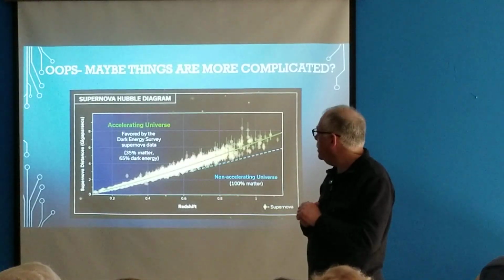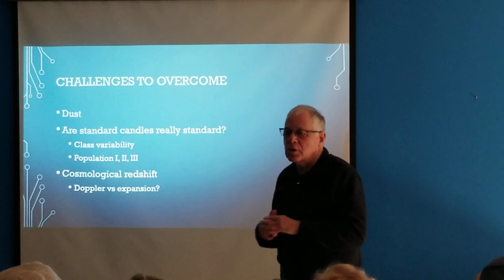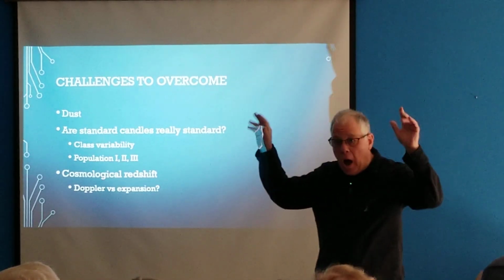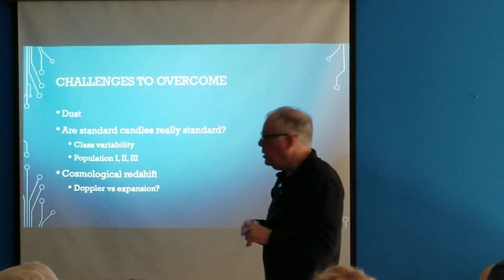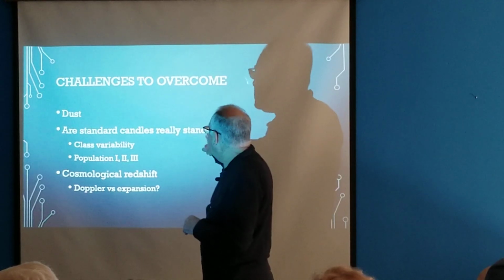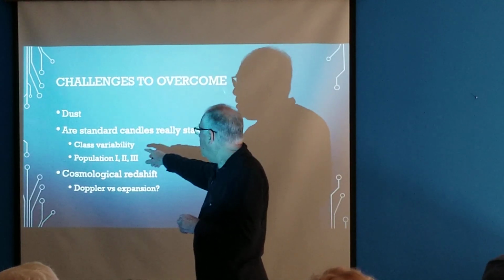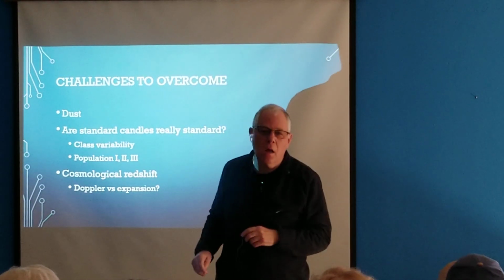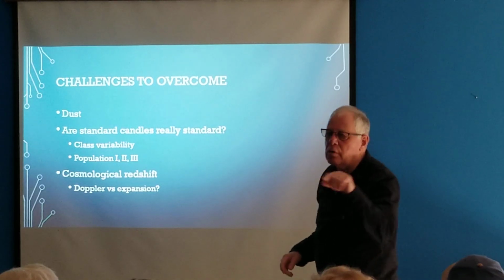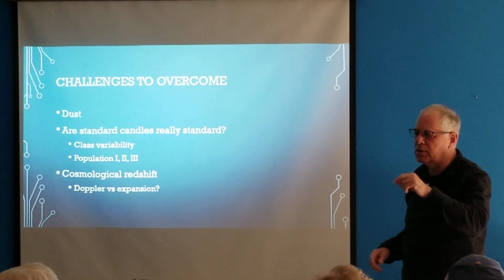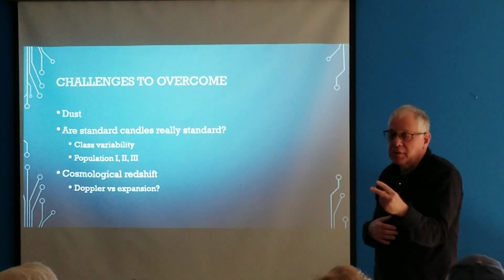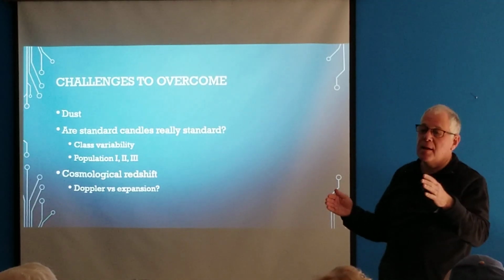Next chart, I think this sums it. So there are challenges. I mentioned the issue of fog or dust, changing your measurements. Are standard candles really standard? I showed you that first curve of the Cepheid, then I showed you the more recent, that there are two types of Cepheids. It's okay, as long as you know.